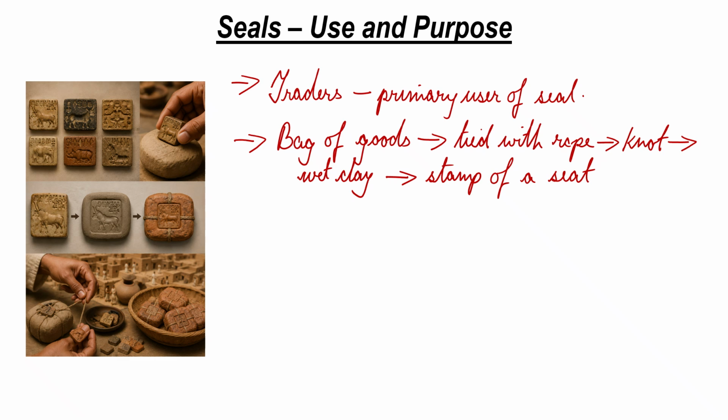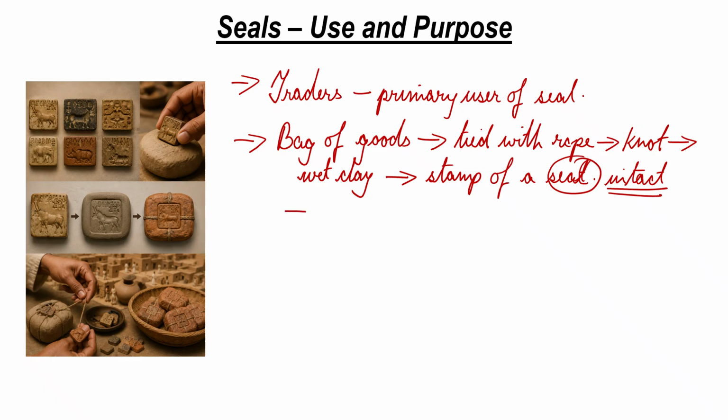So if the seal is intact, then the goods must have not been tampered. But if the seal was broken, that means someone has done something with the goods.